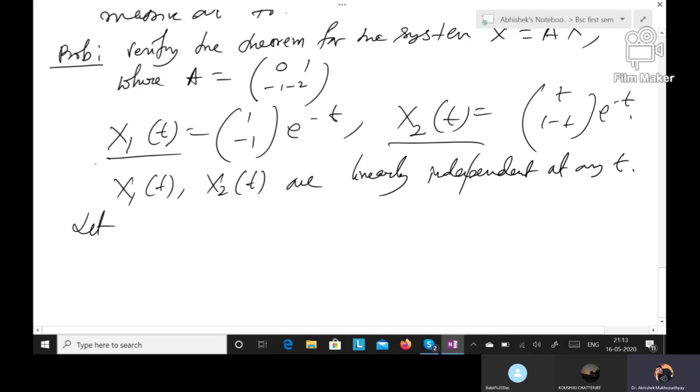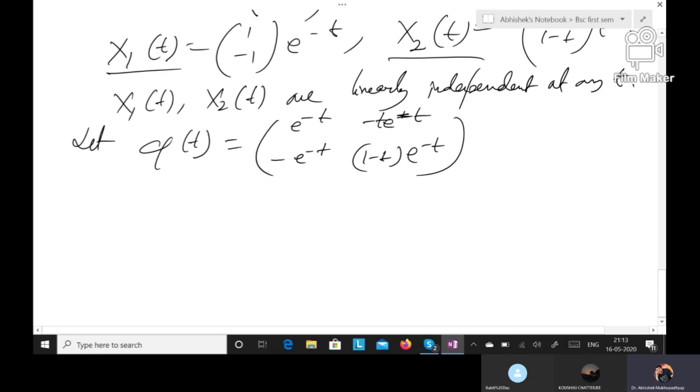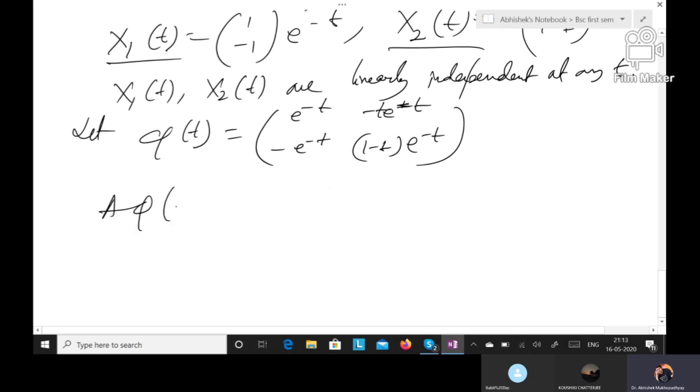Now using these two column vectors, we define the matrix phi t with columns e to the power minus t, minus e to the power minus t, and t e to the power minus t, 1 minus t e to the power minus t. So then what is A phi t?